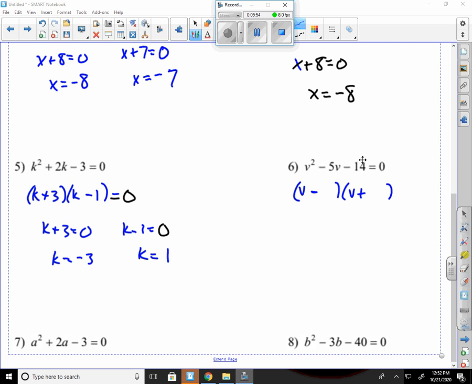What multiplies to give me 14? The most common one I can think of is 7 and 2. 7 minus 2 gives me 5. Because this is negative, the bigger number goes with the negative. So it's v minus 7, v plus 2. That's going to give me v equals 7 and v equals negative 2.